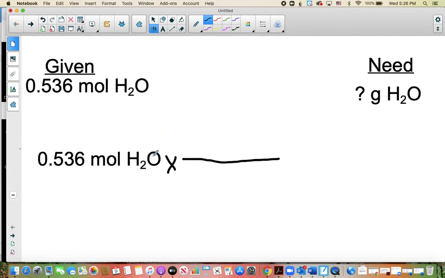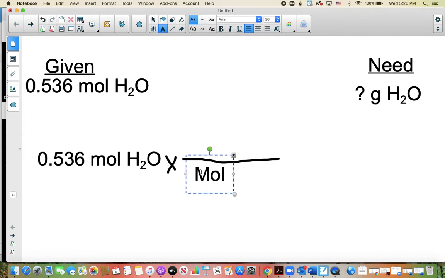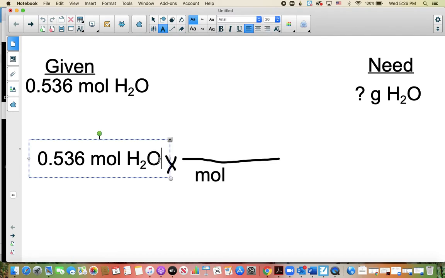I have moles on top over here, and I need to cancel moles out, so I'm going to have moles of water on the bottom.